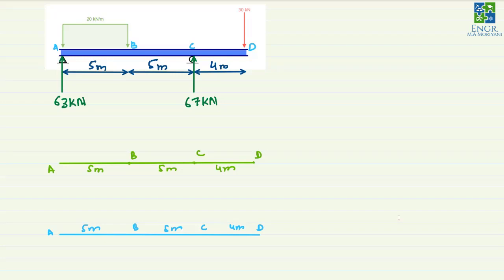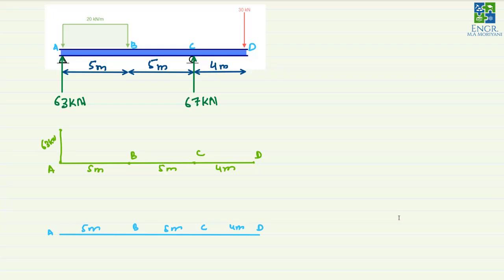At point A, because we have a point load, there will be a sudden positive shift of 63 kilonewtons, from 0 to 63. After A to B, because there is a uniformly distributed load, and we know that the change in the shear force between 2 points is represented by the area under the curve of the uniformly distributed load.